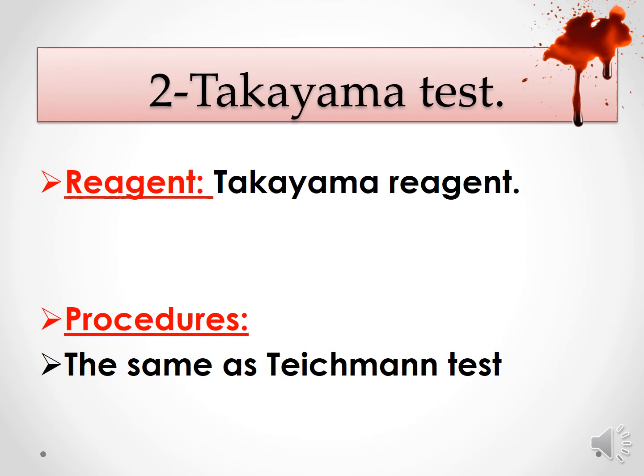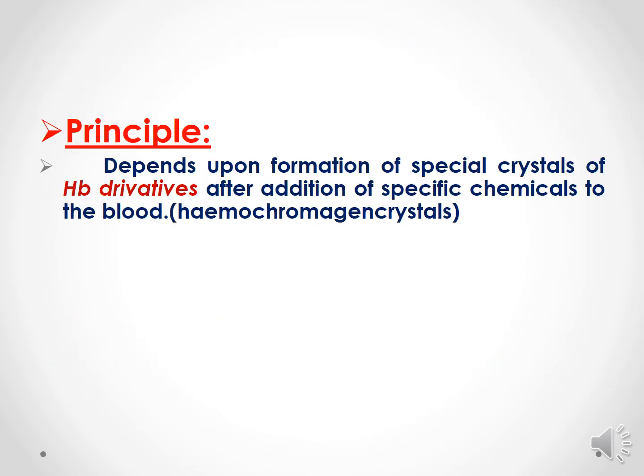Number 2, Takayama test, reagent, Takayama reagent. Procedures as Tishman test. Principle, also as any confirmatory test, depends upon formation of special crystals of hemoglobin derivatives after addition of specific chemicals to the blood.